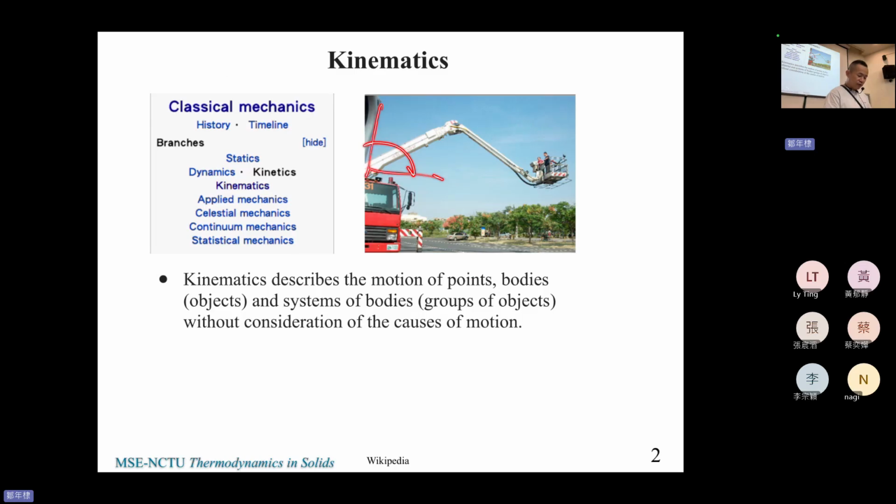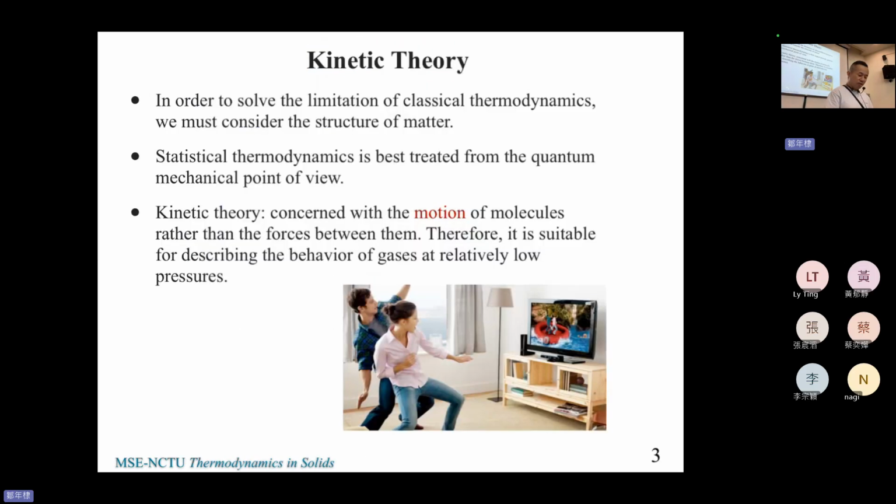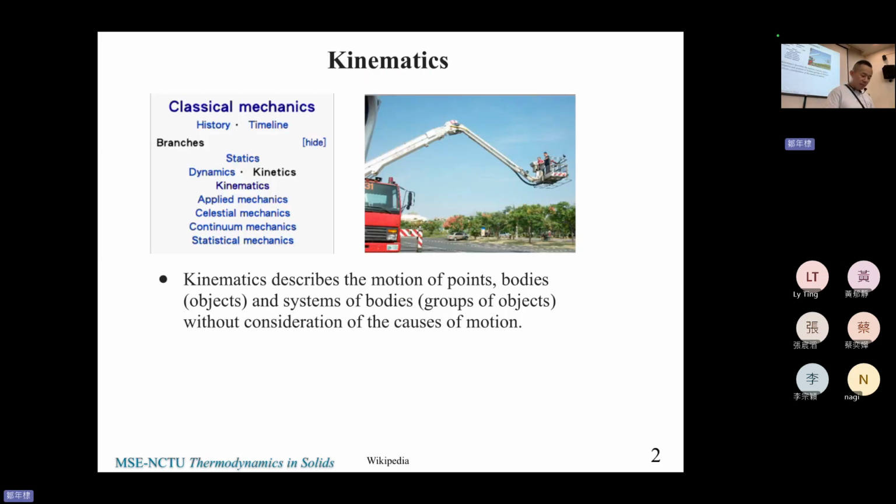The limitation of the angle and length of each joint will limit the position and motion of point A. This is called kinematics. We're not talking about this. We talk about kinetics, with the velocity and the direction. Kinematics does not.